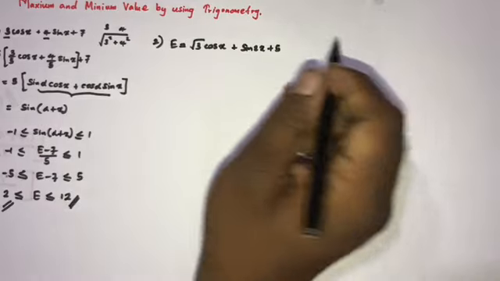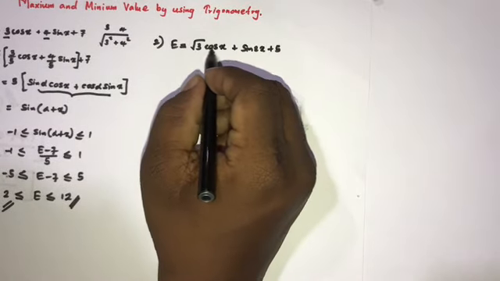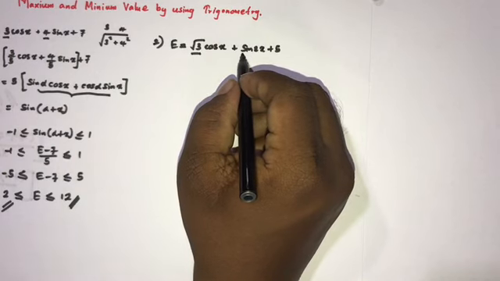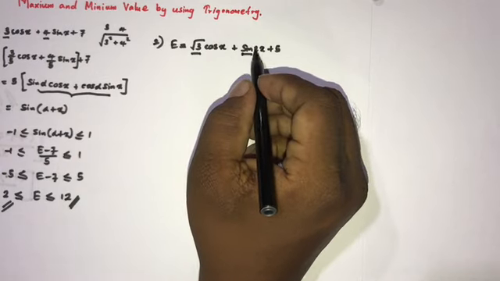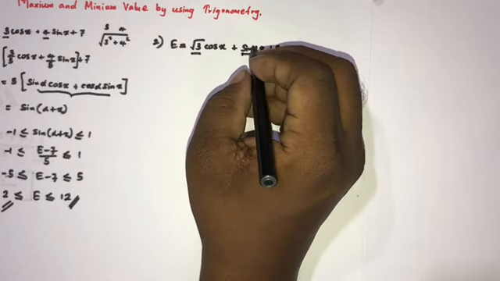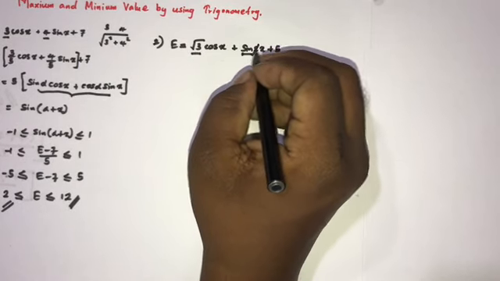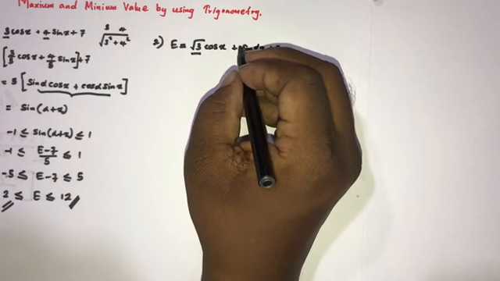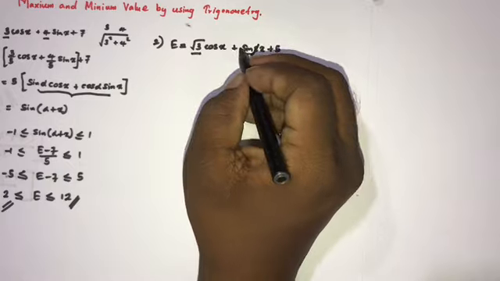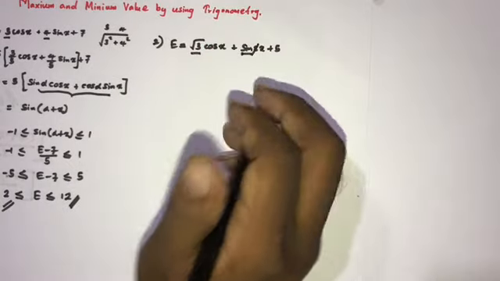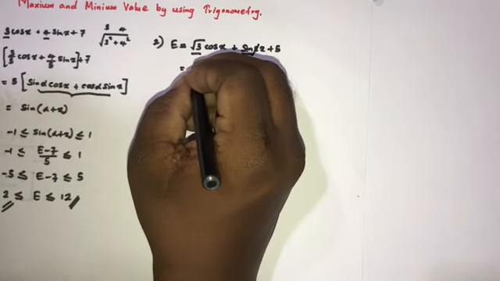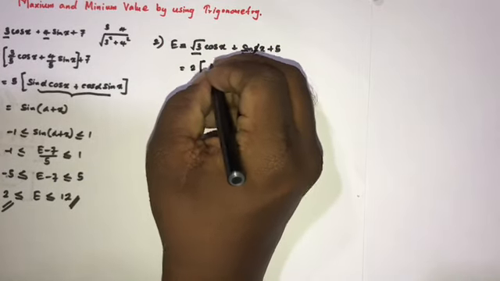If we take the coefficient of cosine of x, we know it is square root of 3, and the coefficient of sine of x is equal to 1. So the square root of 3 squared plus 1 squared: 3 plus 1 is 4, the square root of 4 is 2. So we are going to divide by 2.